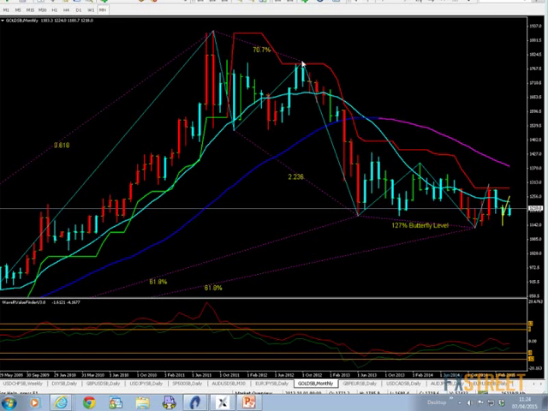We've got a 70.7 harmonic level. We've got price now rallying up to this red stop line. Didn't go through it, didn't close above it. Had it done so, this would have changed color yet again to green.